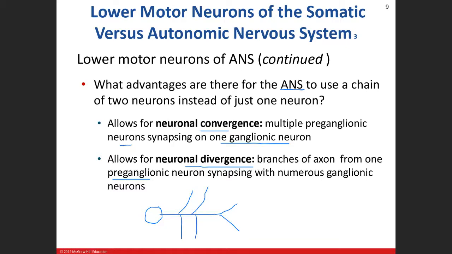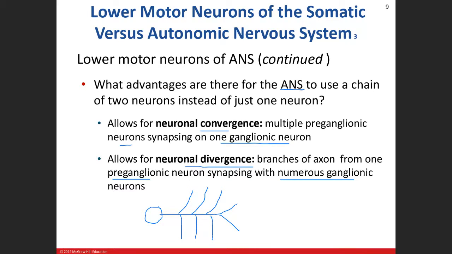Those axon collaterals can come off and go out and stimulate many postganglionic neurons in other locations. That comes into effect later on when we talk about mass activation.